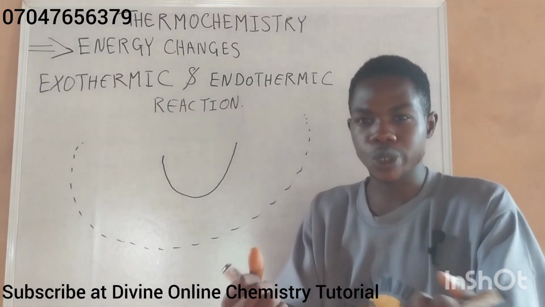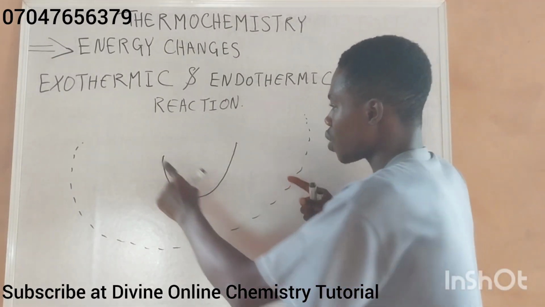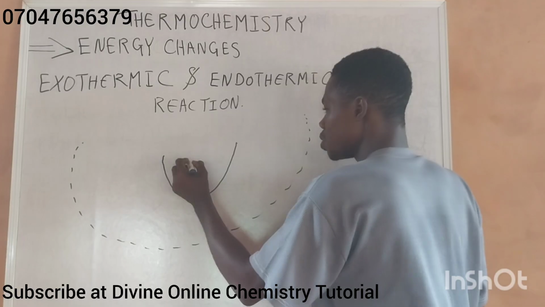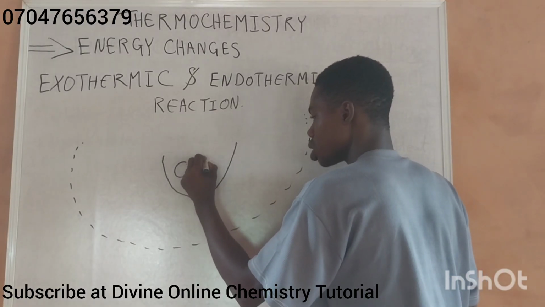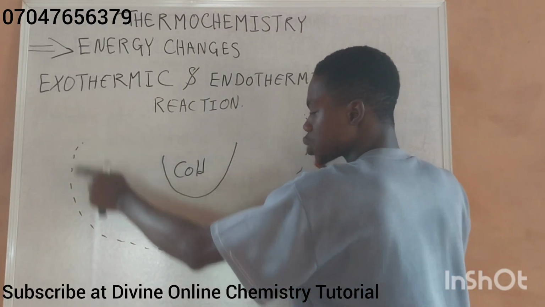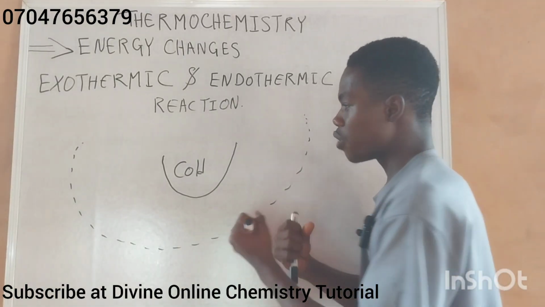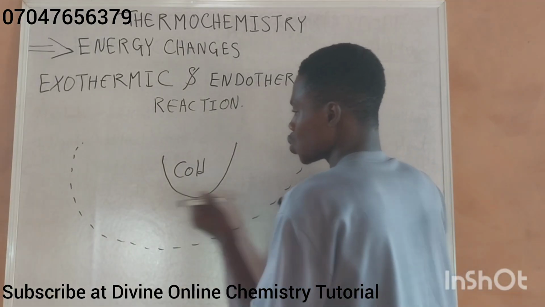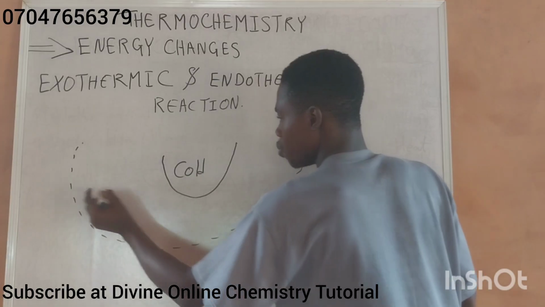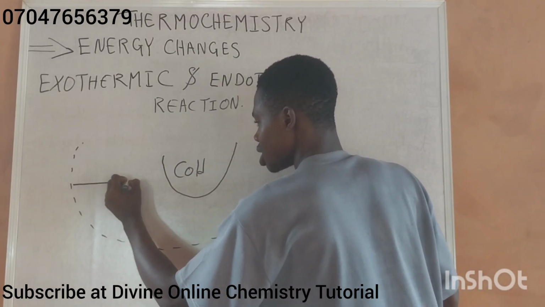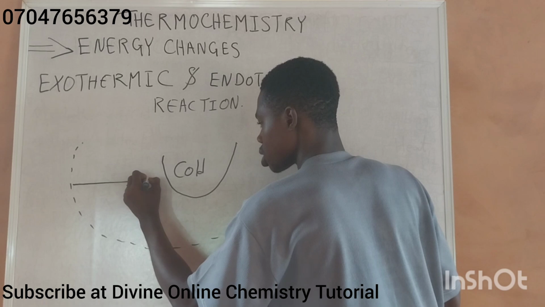For heat to be absorbed from the surrounding, it therefore means that the surrounding has heat, whereas the vessel is cold. So heat will be absorbed from the surrounding into the vessel. So this is heat being absorbed.